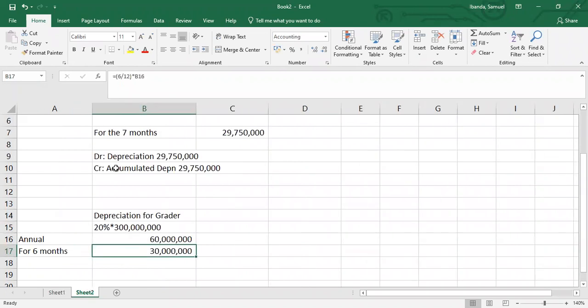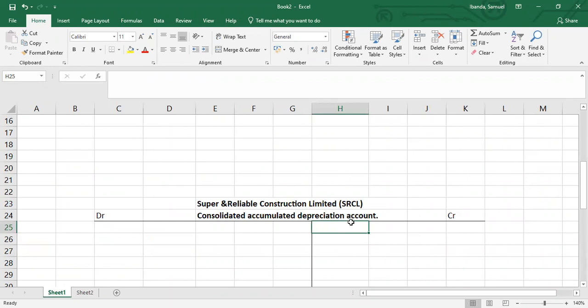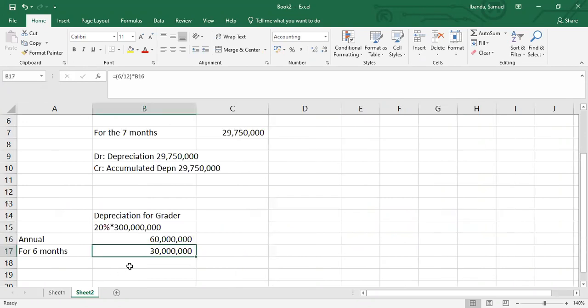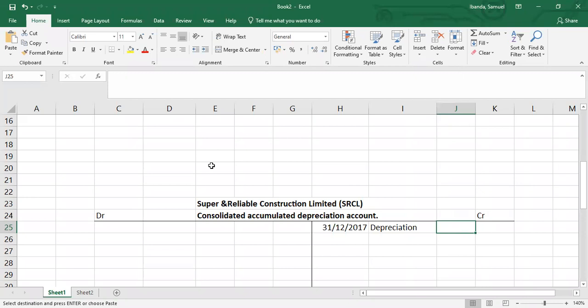And remember what we said, we credit our accumulated depreciation account. So I'll take 30 million on this side. Remember, we depreciate at the end of the period, so this is at 31st December 2017. I have my depreciation, since that is the alternative account for this, and I'll recognize 30 million.